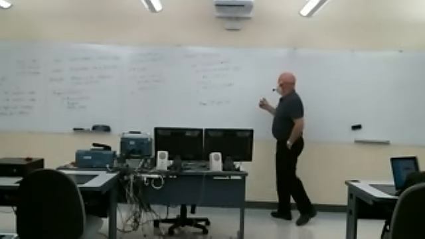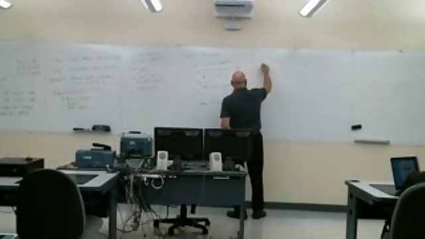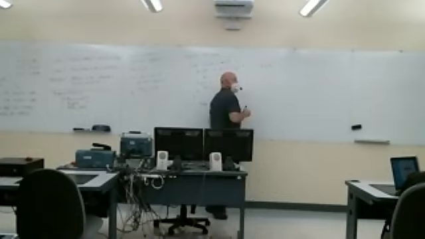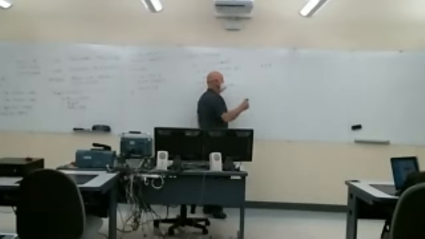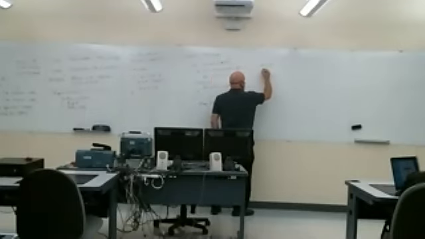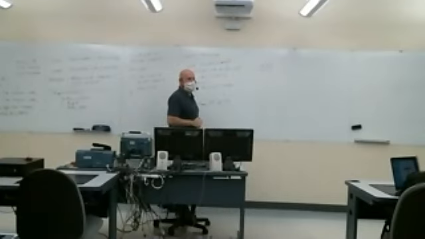If you AND any value with 1, you get that same value, right? If A is 0, 0 and 1 is 0; 1 and 1 is 1. So any value ANDed with 1 is A. Any value ANDed with 0 is always 0, right?